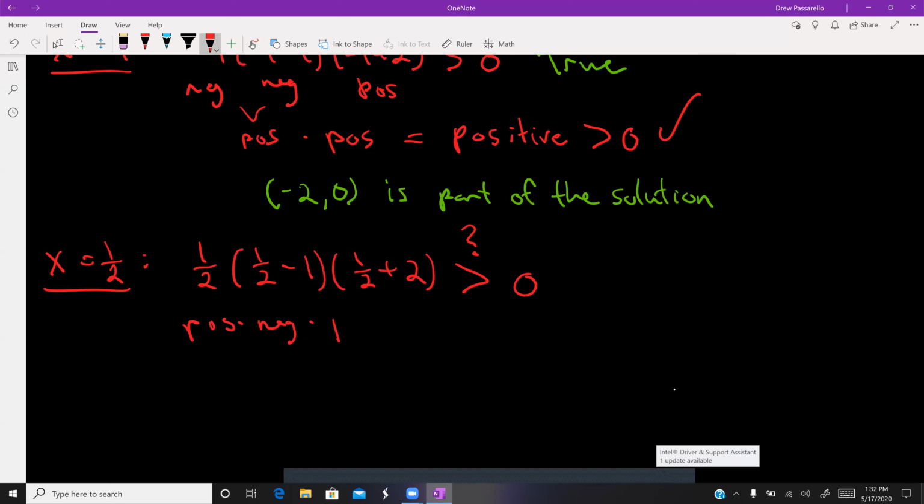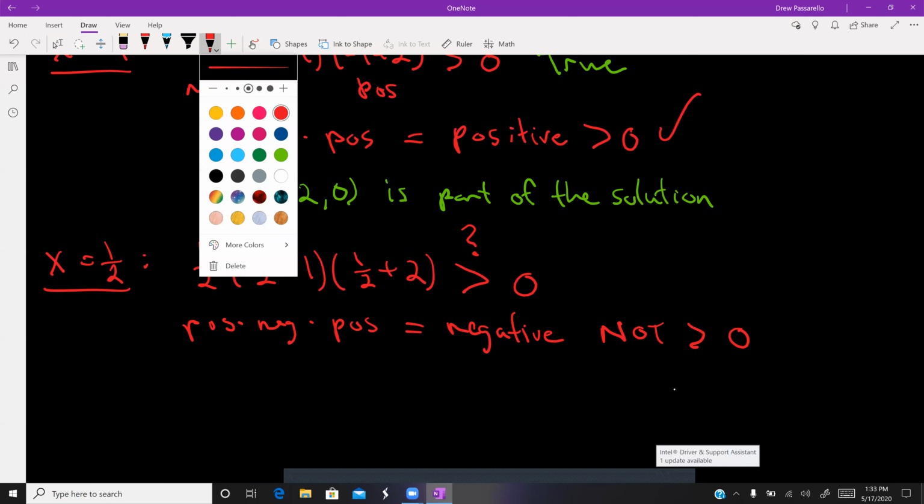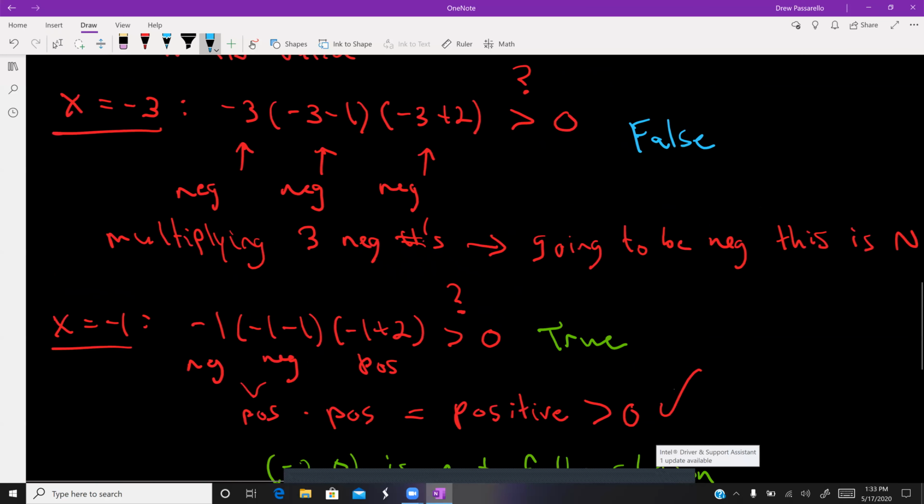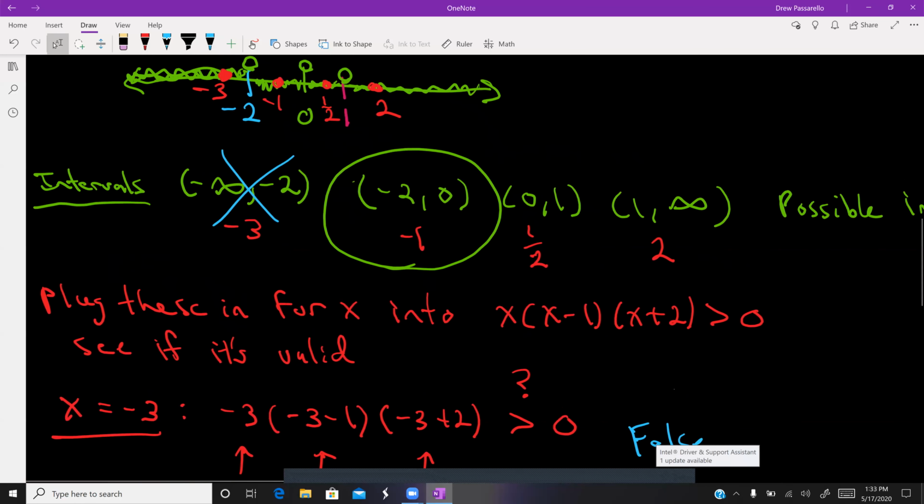And then 1/2 plus 2, that's positive. Since it's an odd number of negatives, positive times positive, that's going to be a negative number. And that's not greater than 0, right? Because it's negative. So this one's false. Since that didn't work, I get rid of the possible interval of 0 to 1/2.